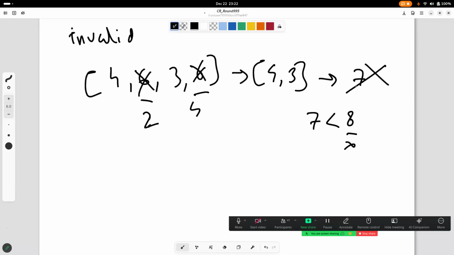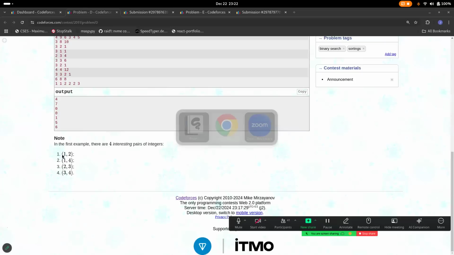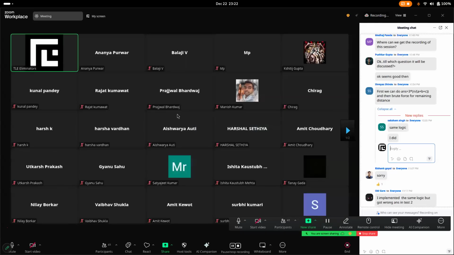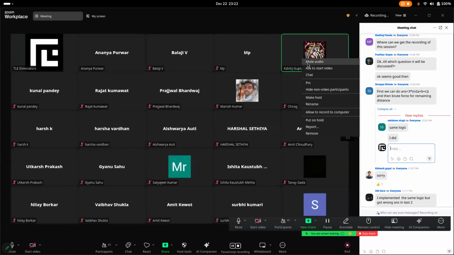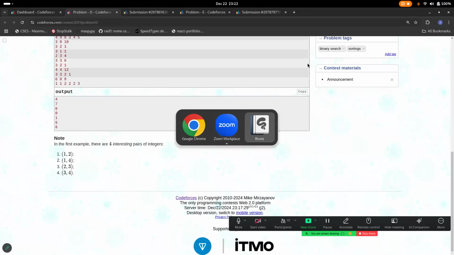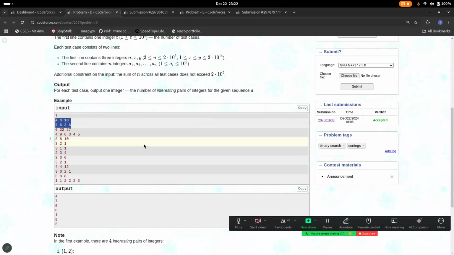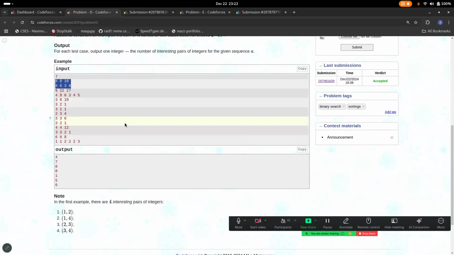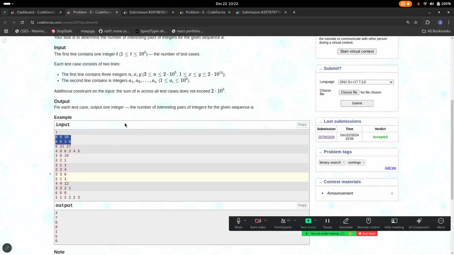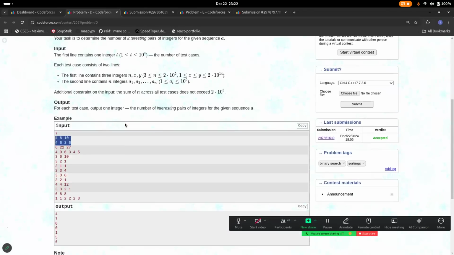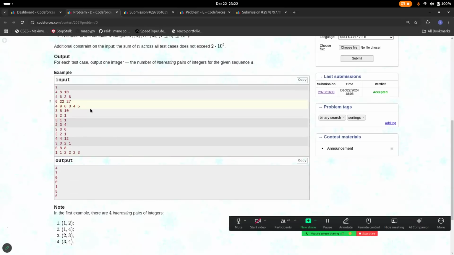So this won't be a valid pair. And that was the overall problem statement: to find the number of such pairs such that i is strictly less than j. Basically, that corresponds to counting them in an unordered fashion. And yeah, this was the explanation for the first sample test case.